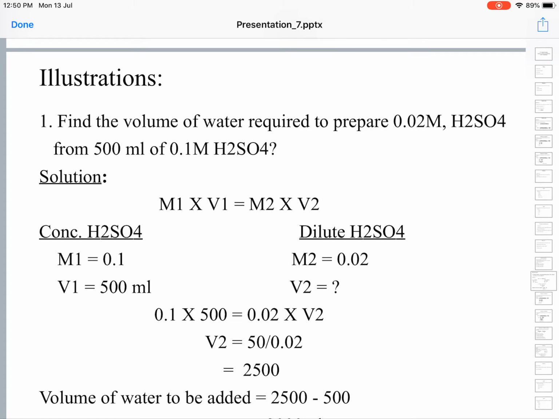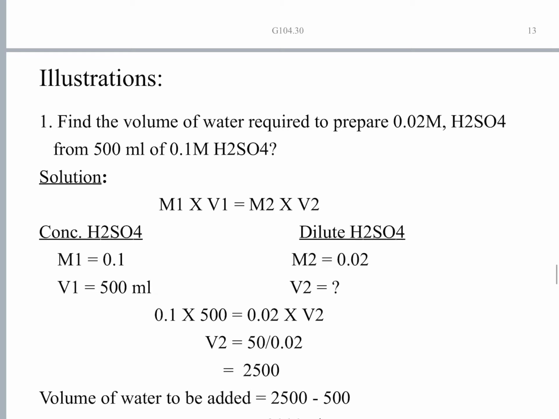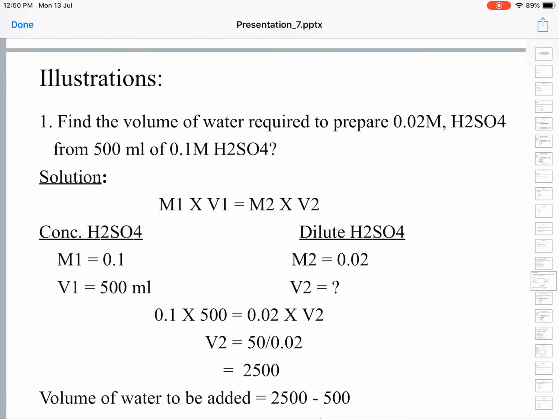So, if you subtract the initial volume from the final volume, 2500 minus 500 ml is equal to 2000 ml. So, the volume of water required to prepare 0.02 M H2SO4 solution from 500 ml of 0.1 M H2SO4 solution is 2000 ml.